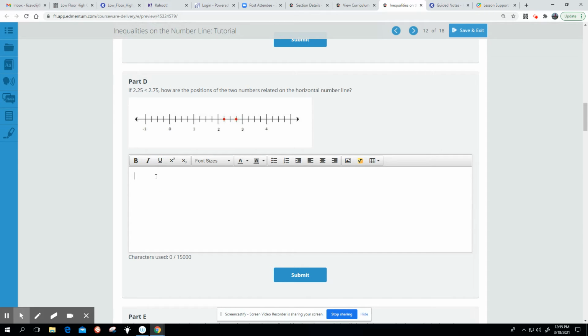So we can say that the number 2.25 will be farther to the left on the number line than 2.75, because 2.75 is the greater value.